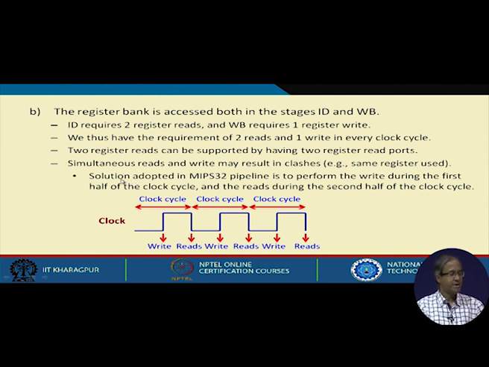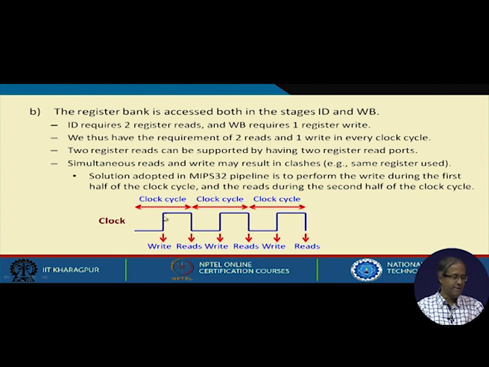Now, here a very simple trick is used to solve this problem. What is done in the MIPS pipeline is that we divide the clock cycle time into 2 halves. Let us say our clock cycle starts from here, leading edge, falling edge, that is our total clock cycle.